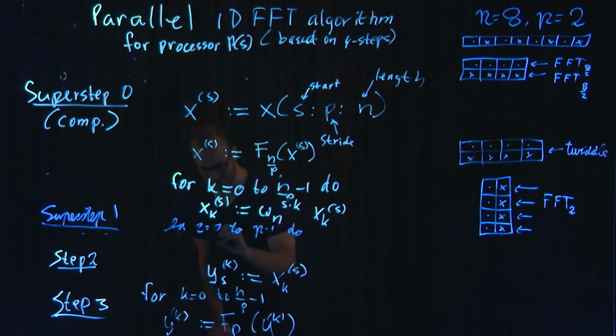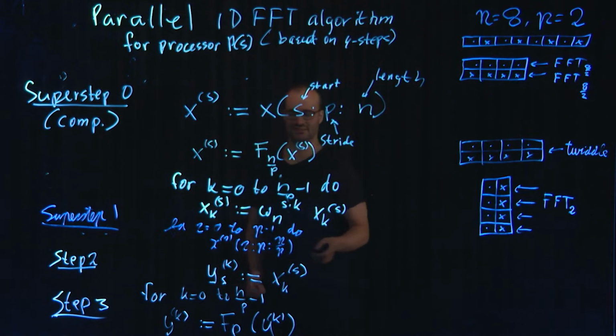So in our notation, that means we have xs, and we have some starting points r, a stride p, and these will have length n over p. And I mean, the R already suggests this. We are going to receive this strided subarray in processor R.